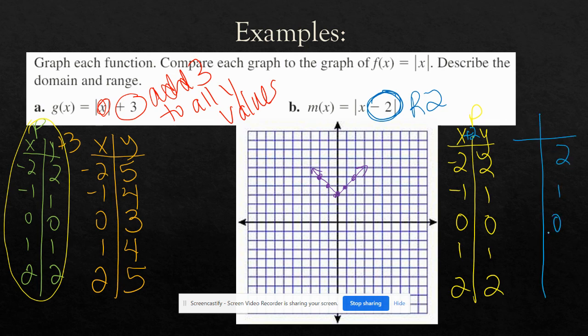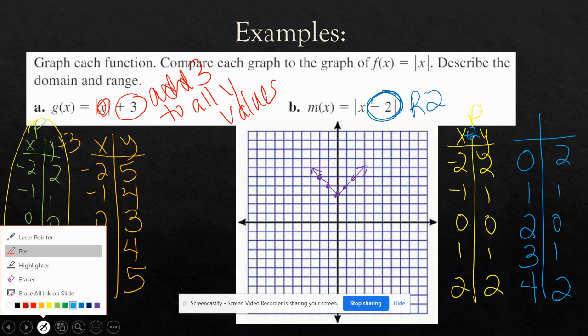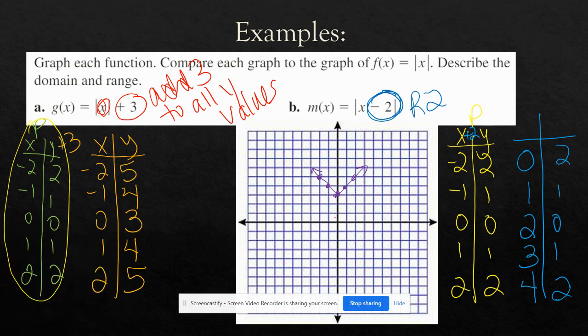So the 2, 1, 0, 1, 2 has not changed. Negative 2 plus 2 is 0. Negative 1 plus 2 is 1. 0 plus 2 is 2. 1 plus 2 is 3. And 2 plus 2 is 4. So if I graph that on our grid here, there's our graph.